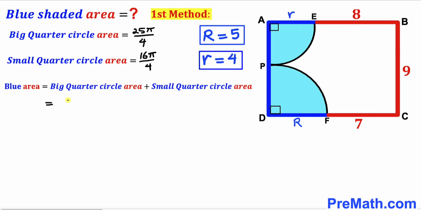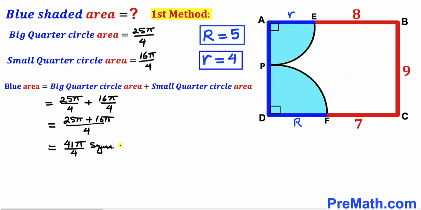So our big quarter circle area is 25 pi divided by 4 plus our smaller quarter circle area is 16 pi divided by 4. And now we can see we have the same common denominator. And if we simplify further, that is going to give us 41 pi divided by 4 square units, the area of this blue shaded area.